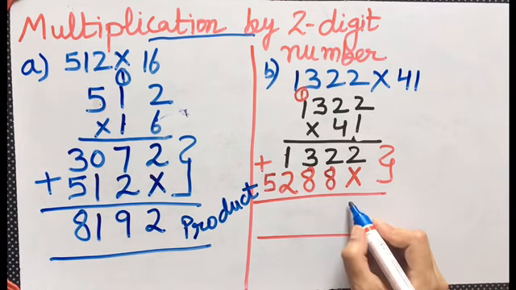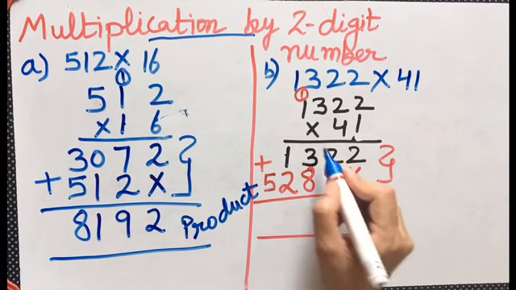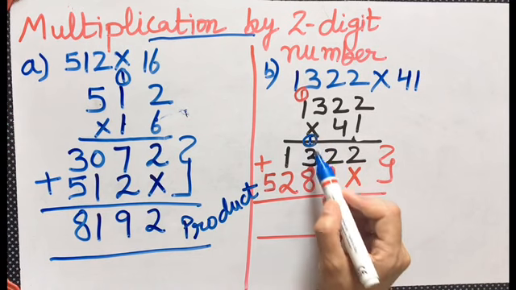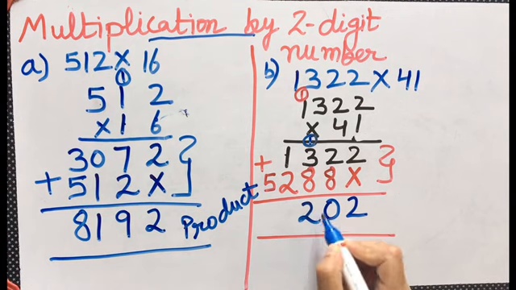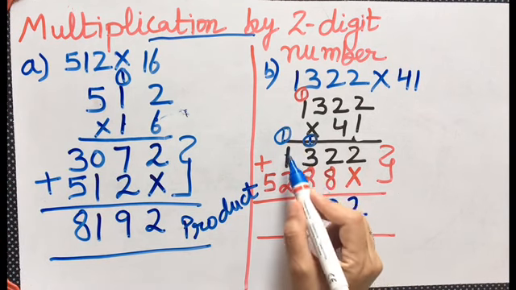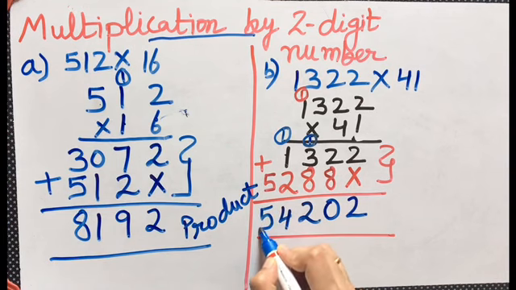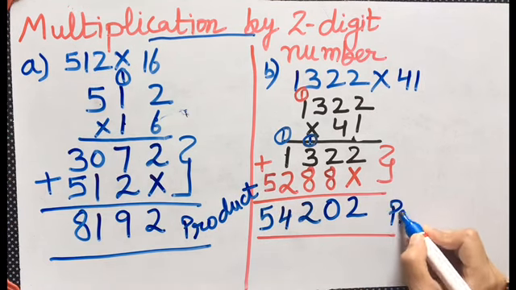So, it will be 2, 8 plus 2 is 10. So, it will be 1 at this place, 1 plus 3 is 4, 4 plus 8 is 12, 1 at this place. So, 1 plus 1 is 2, 2 plus 2 is 4 and 5. So, this is your answer. This is called the product.